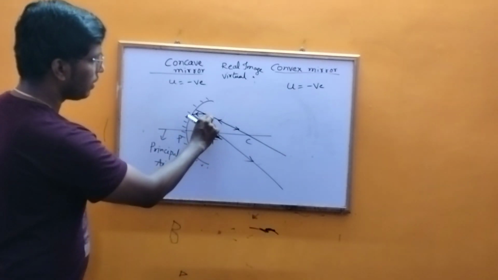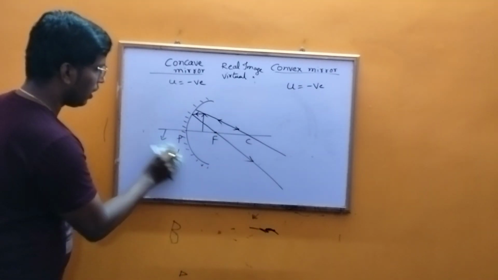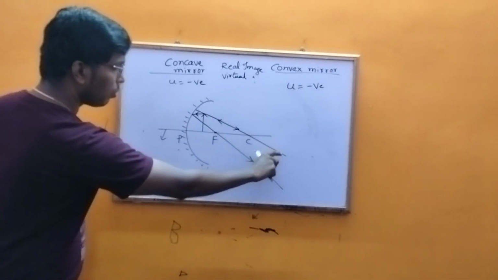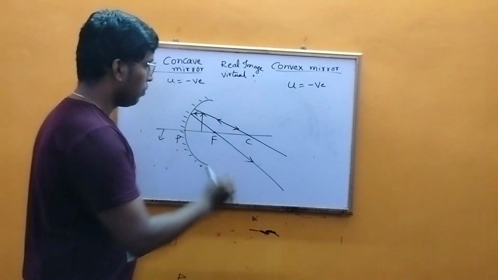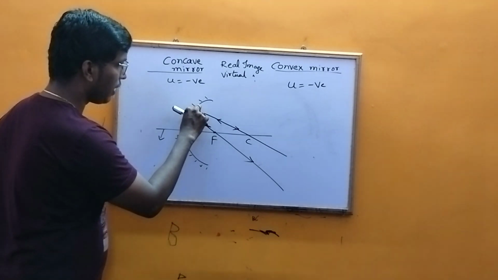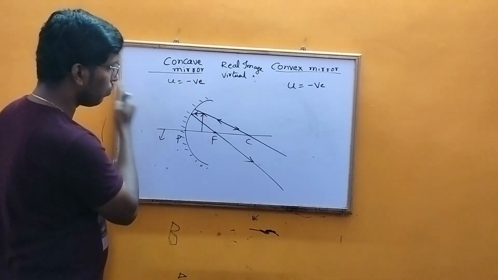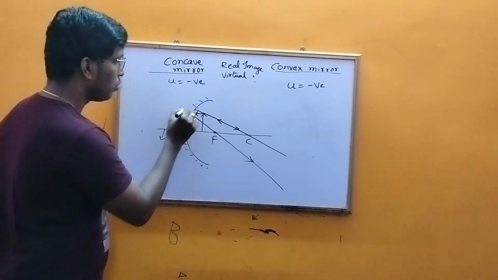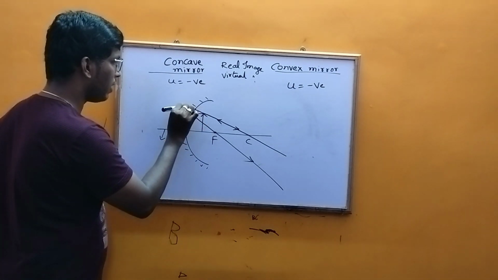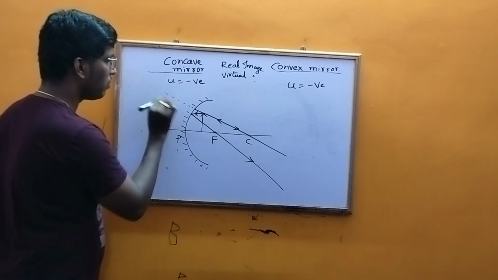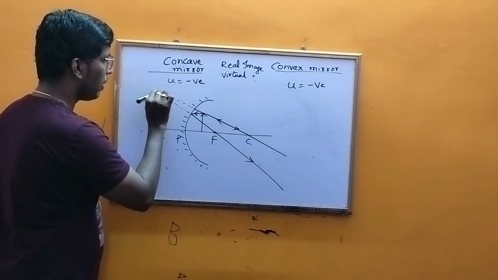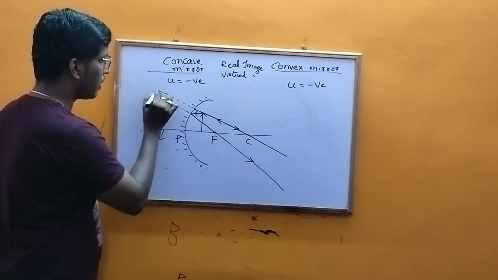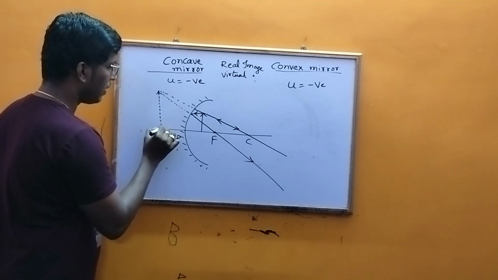We observe that these two light rays are not going to meet here, because the distance is increasing. But there is a chance they can meet behind the mirror. So I will just extend these two light rays, and I have observed that both the light rays met at this point.